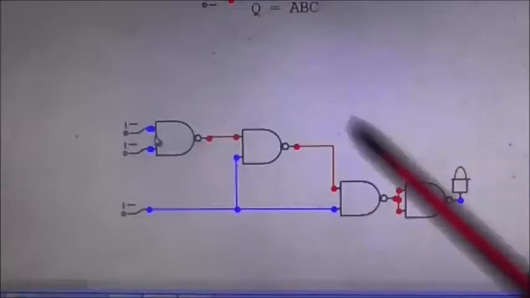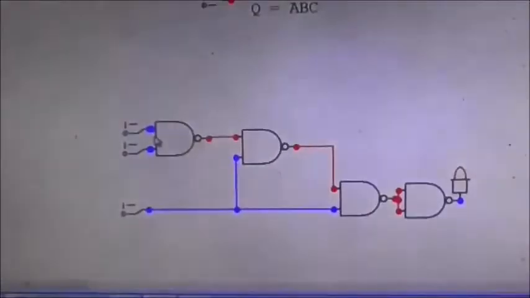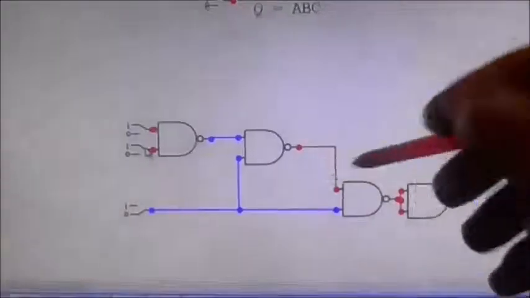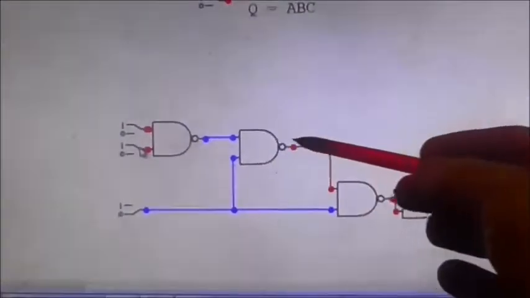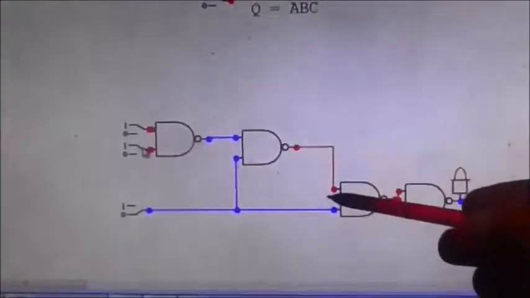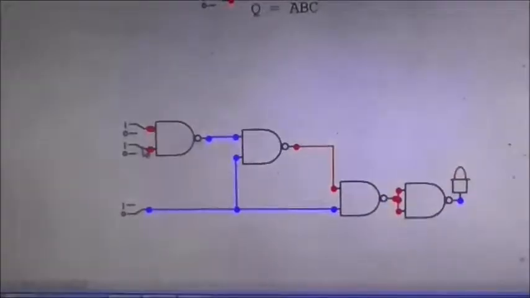But it's not quite as easy with inputs A and B. So, if inputs A and B go high, the output here goes low, and the output here will go high, but we've still got a low.